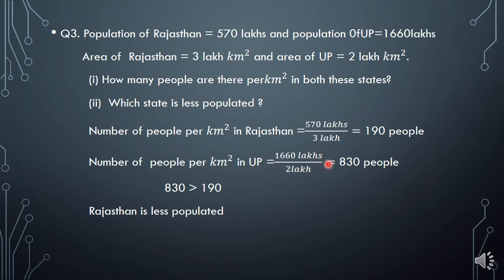Here number of people in UP is more, so it is more populated, densely populated we can say. And here we have less number of people in Rajasthan. In 1 kilometer square area we have only 190 people. Okay, children?